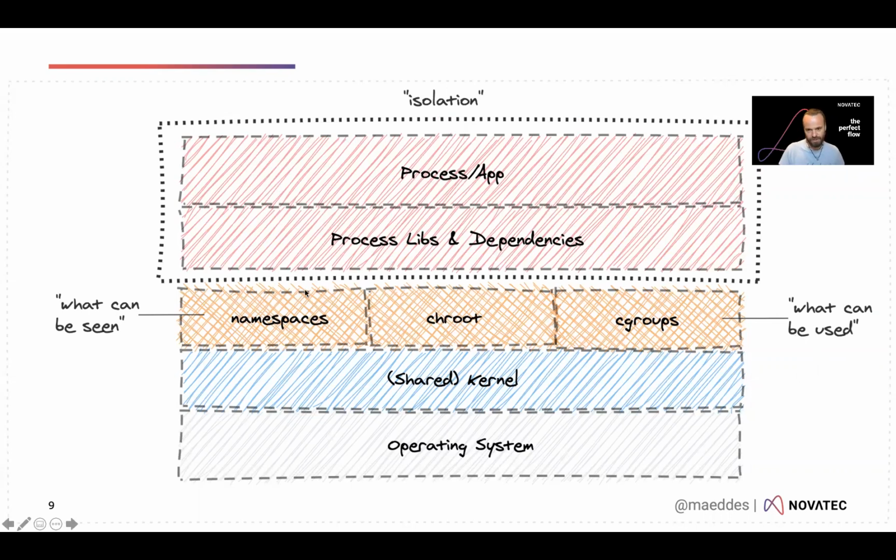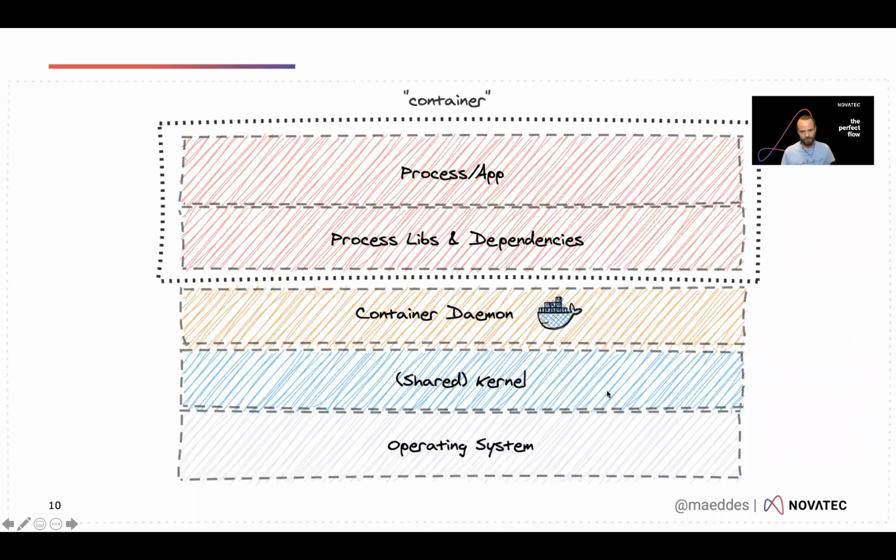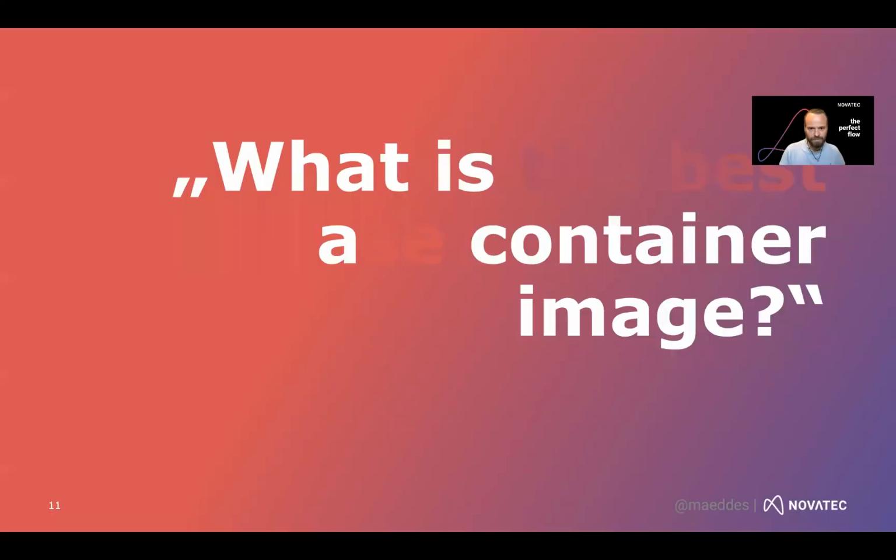Now, those system calls are complex and difficult to use. So most of you will probably have heard about Docker, a pretty popular container daemon. This one, as well as others, provides an API so that you don't have to do all those system calls and can run a container with a pretty clean API.